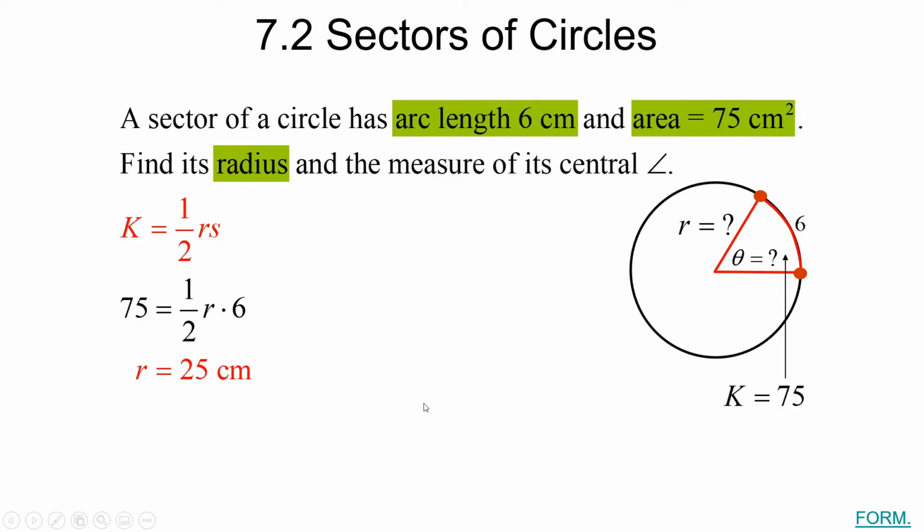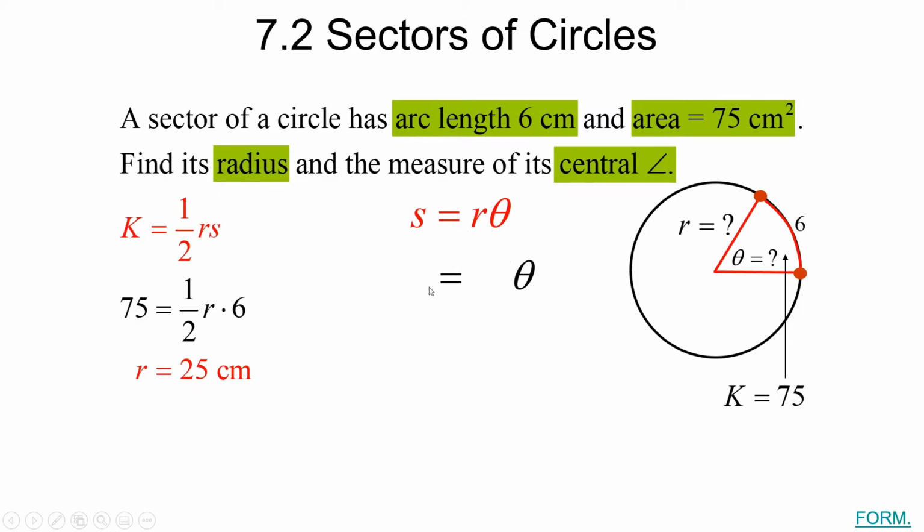Okay. Now, how about the central angle here? All right. Well, arc length is, and again, what are we going to do this in? Are we going to use radians or degrees? How about we use radians, r times theta, or theta times r if you prefer. All right, so let's plug in what we know. So, what's the arc length?